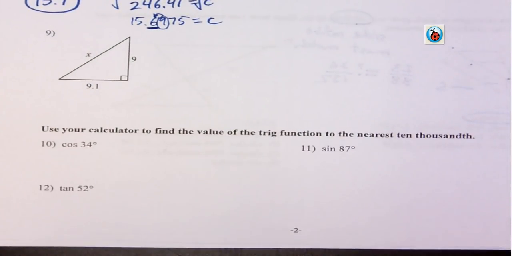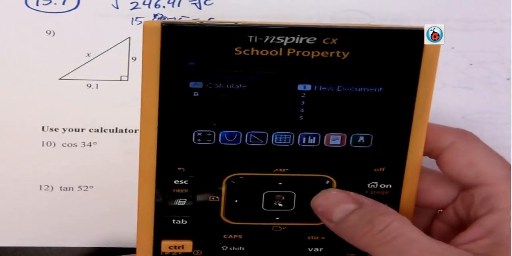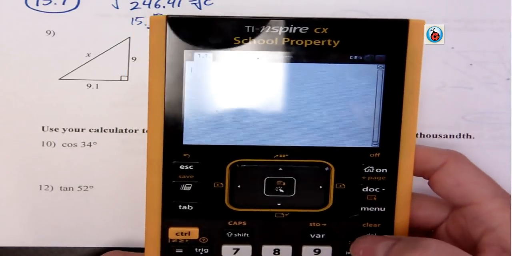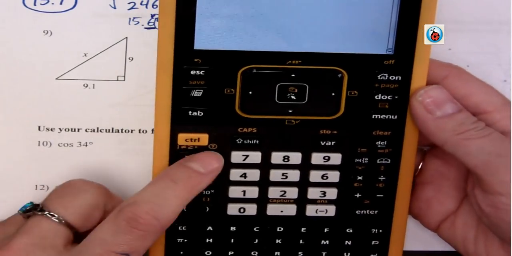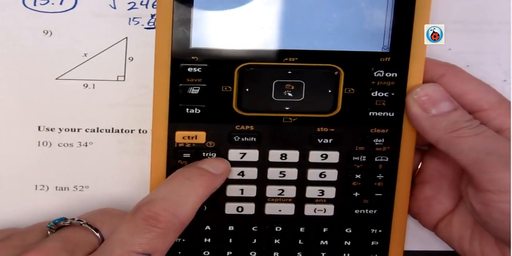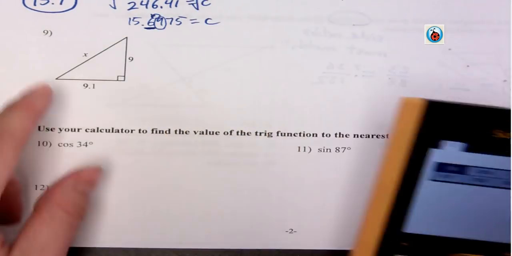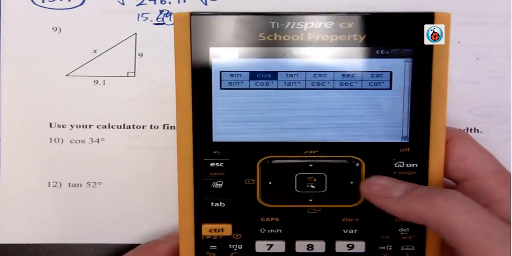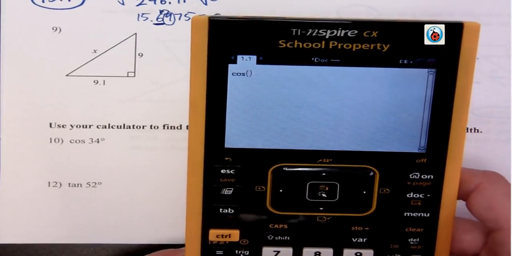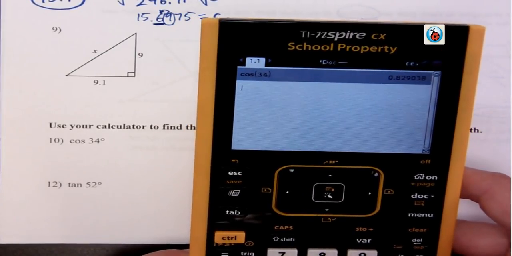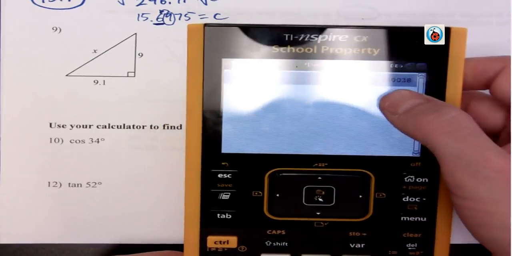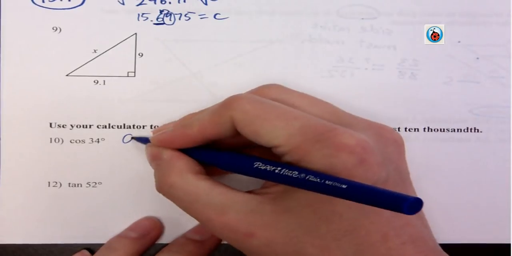Alright, the next ones are super, super easy. Just type it in the calculator. So, in your calculator, you just find your trig button right underneath the control. Hit trig. My first one is cosine, so I select cosine and type in 34. And that's the answer. 0.829038.